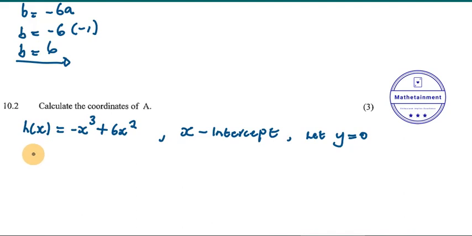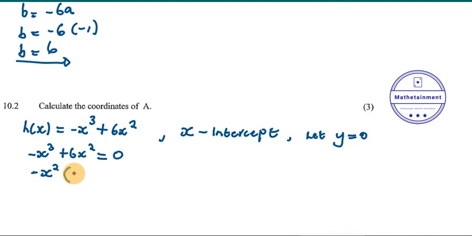So here I'll end up having minus x cubed plus 6x squared being equated to 0. All right. What else can I do here? Let me take minus x squared as a common factor.